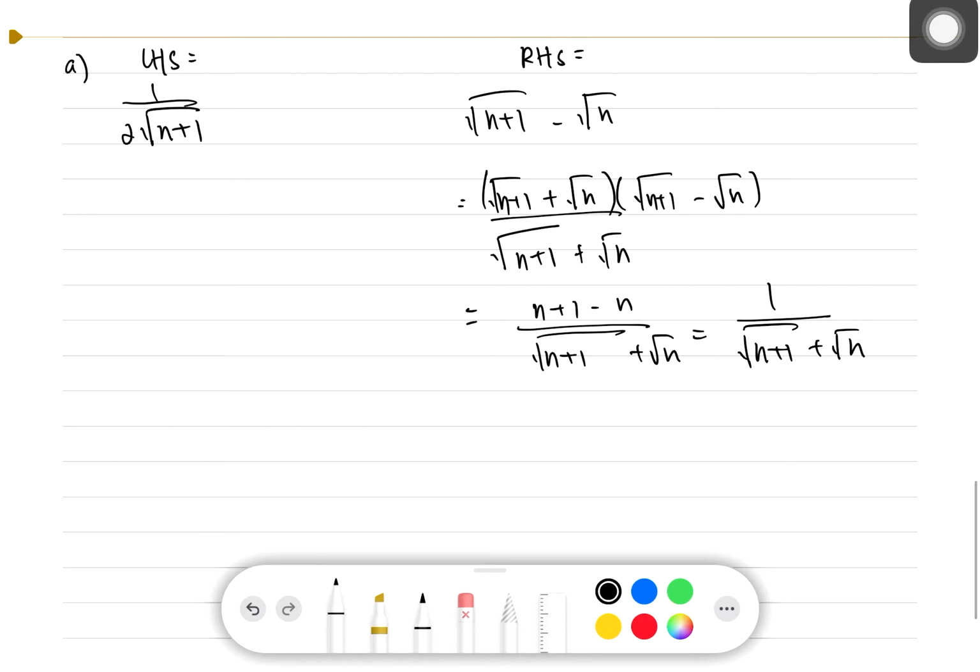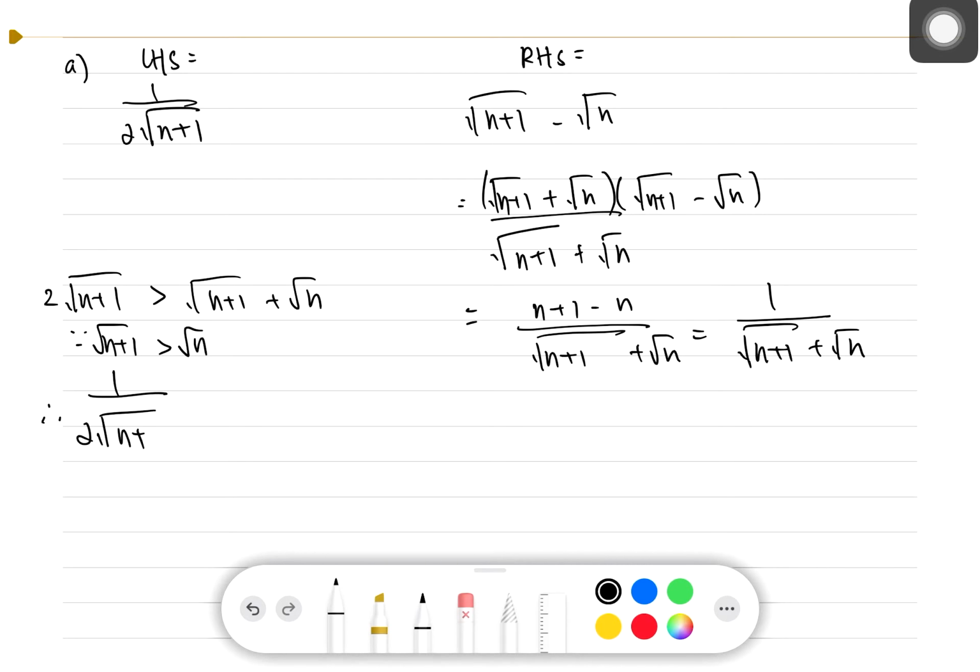We will then compare the left-hand side to the right-hand side, because we know that root n plus 1 plus root n is greater than root n plus 1 plus n, because root n plus 1 is greater than root n. So therefore, we can take the reciprocal of both sides, and we get that this happens.